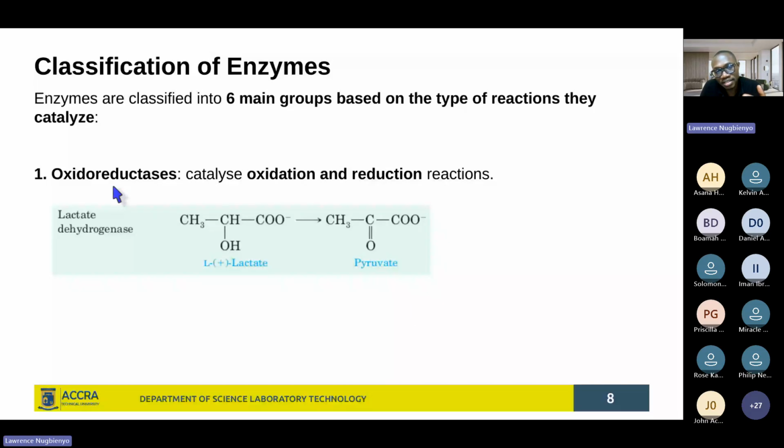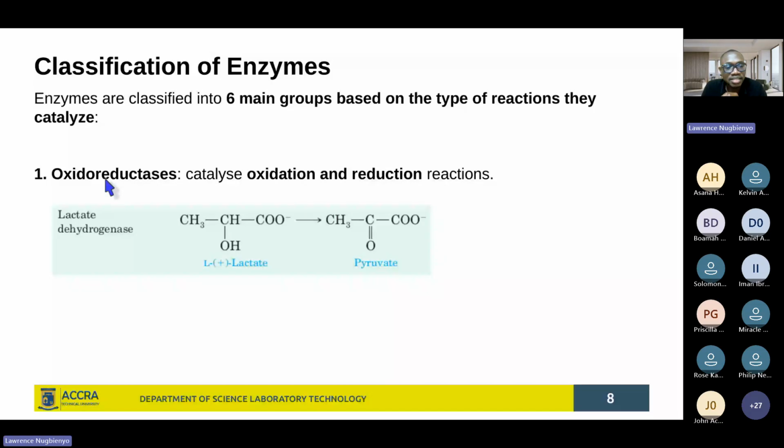So we are looking at classification of these enzymes based on, again, the type of reactions that they catalyze. The first one is oxidoreductases. These catalyze oxidation and reduction reactions, the reactions you commonly refer to as redox reactions. These enzymes catalyze those reactions.